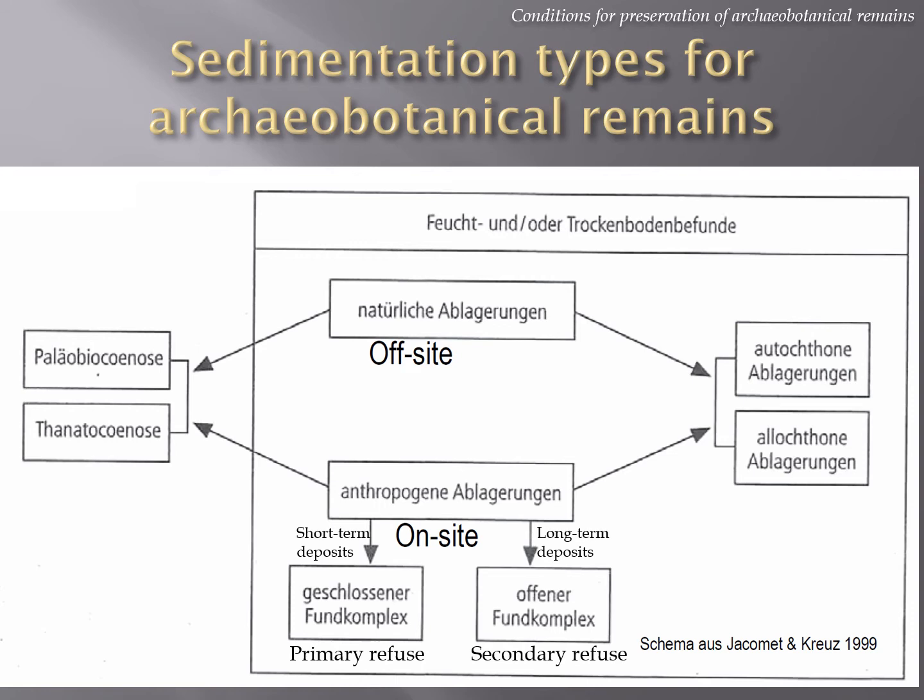Archaeobotanical species are only rarely autochthone, which means that the location of deposition is identical with the ancient habitat of species, sometimes termed as paleobiosynosis. Such conditions are more frequent in natural sediments like lakes.